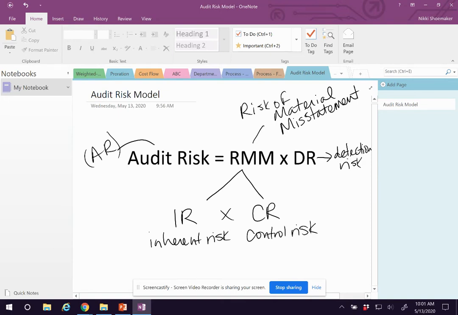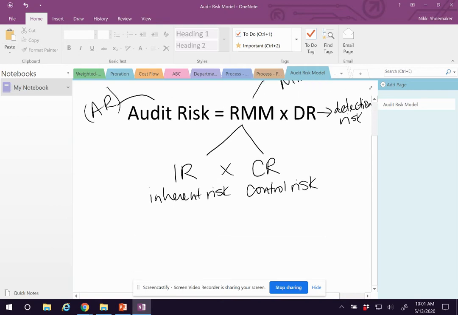So now let's talk about what all of these things mean. We know what audit risk is. What is inherent risk? I like to call inherent risk gross risk.